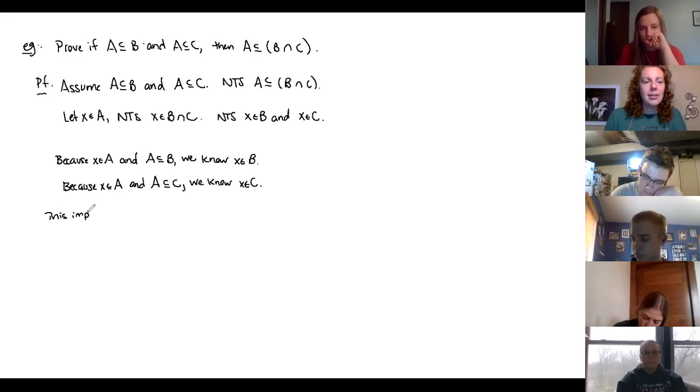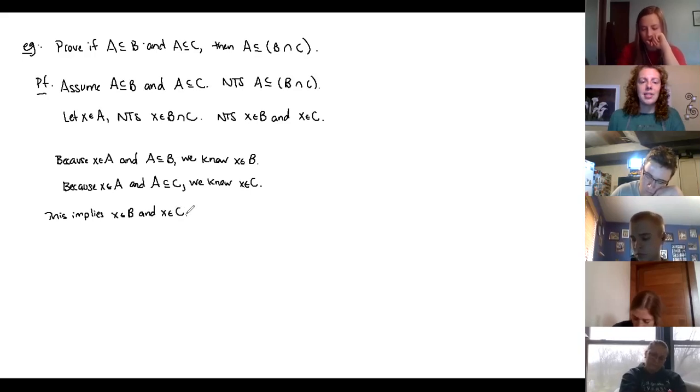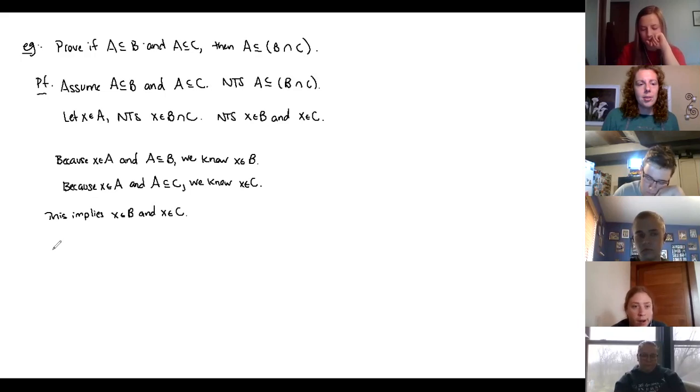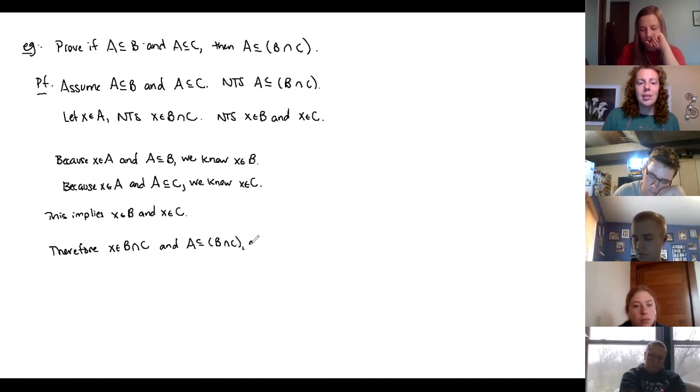This implies that X lives in B and X lives in C. That's great. That was my need to show in words. So now all I have to do is my therefore statement with my summary. So therefore, X lives in B intersect C, and A is a subset of B intersect C as desired.